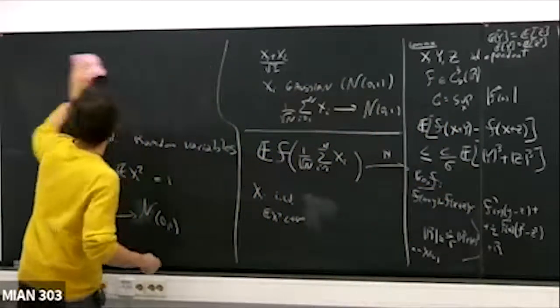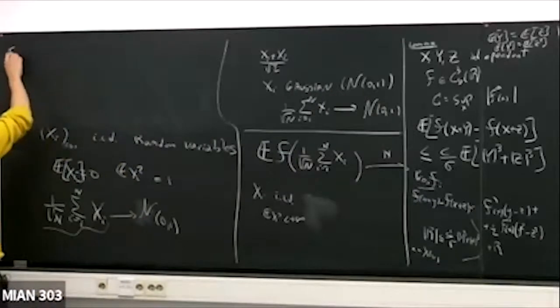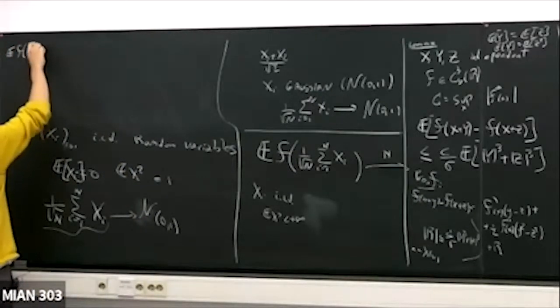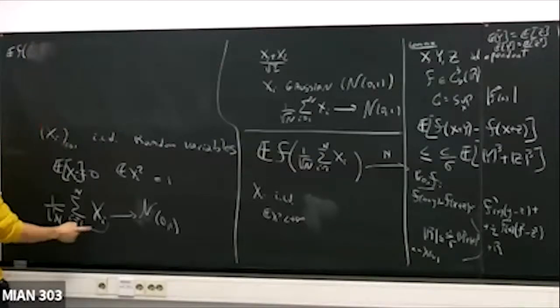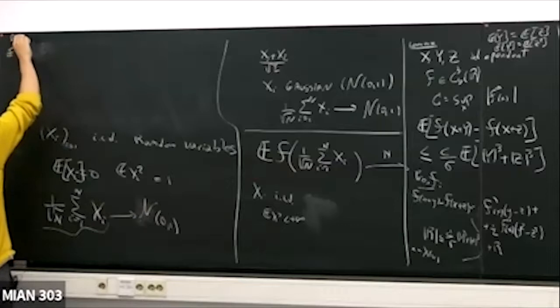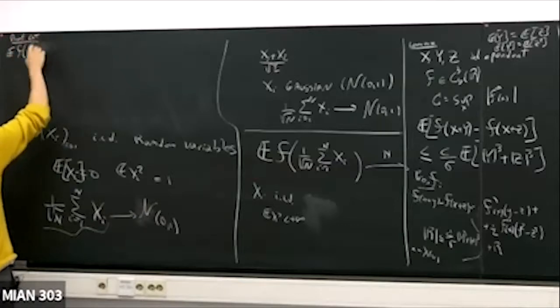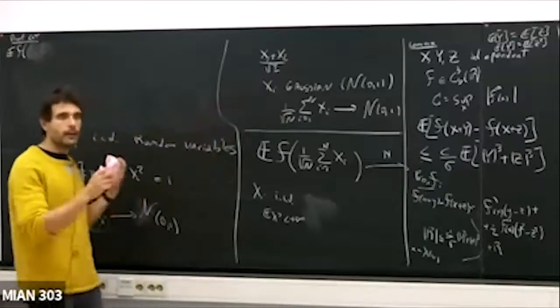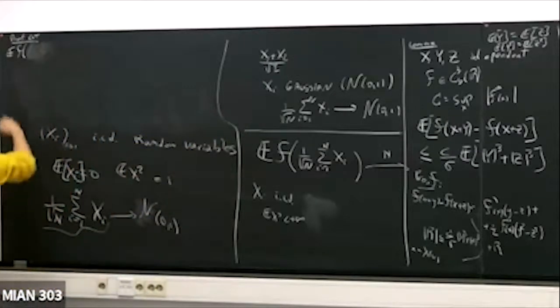But then if I have to do the expected value of f of this function here, this is the proof of a central limit theorem, using the fact that I computed it for Gaussians, and now I claim some universality. How do I do it?